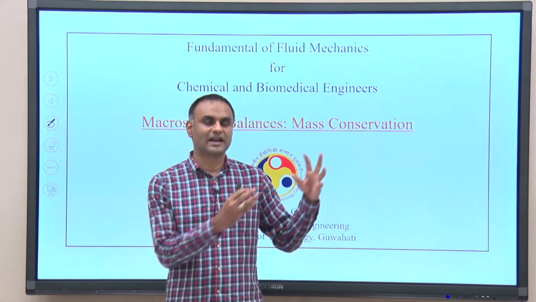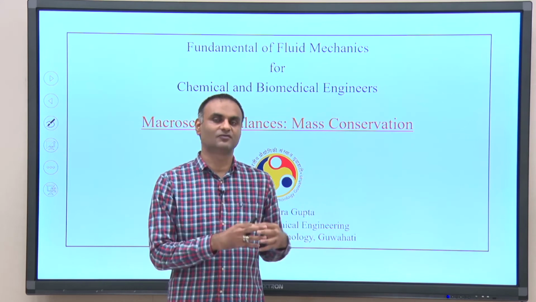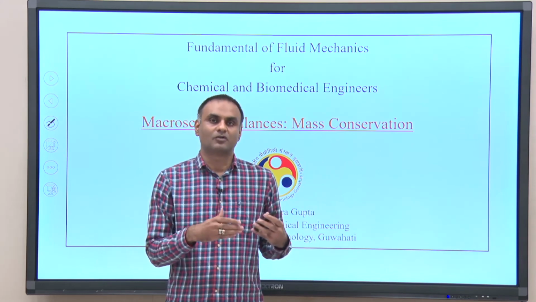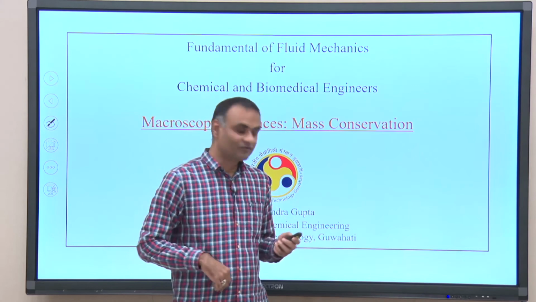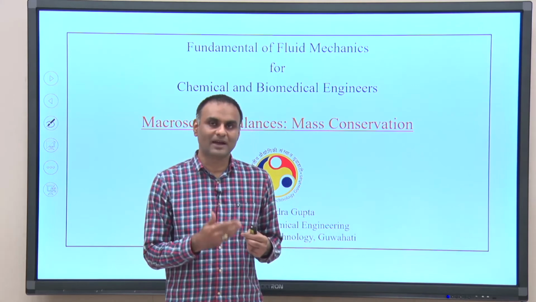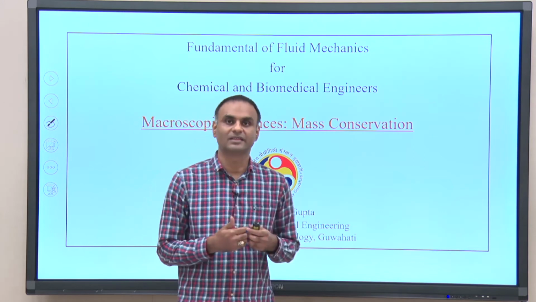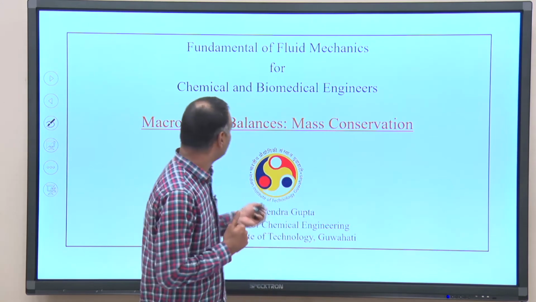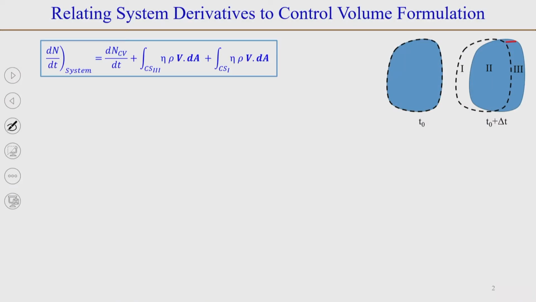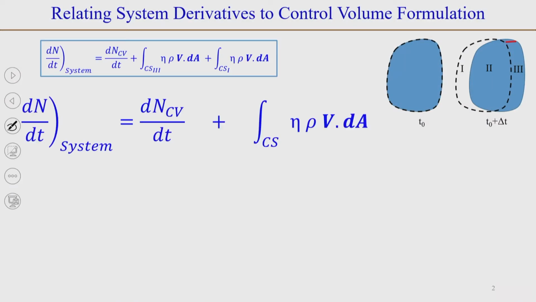So, how can we write that dn by dt in the system formulation, how can we convert it into control volume formulation, and now we are going to apply this in this lecture for mass conservation, and then we will look at some examples. So, let us recall the equation that we derived.